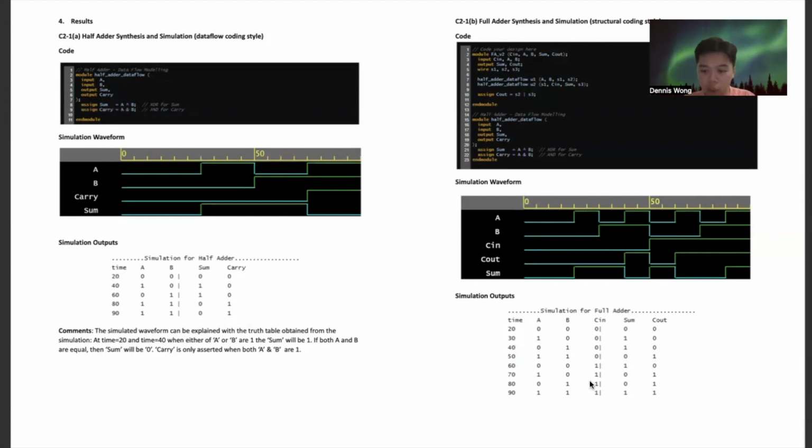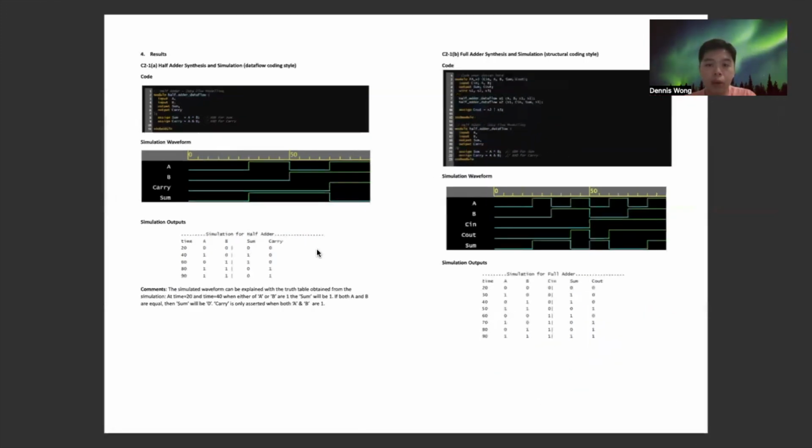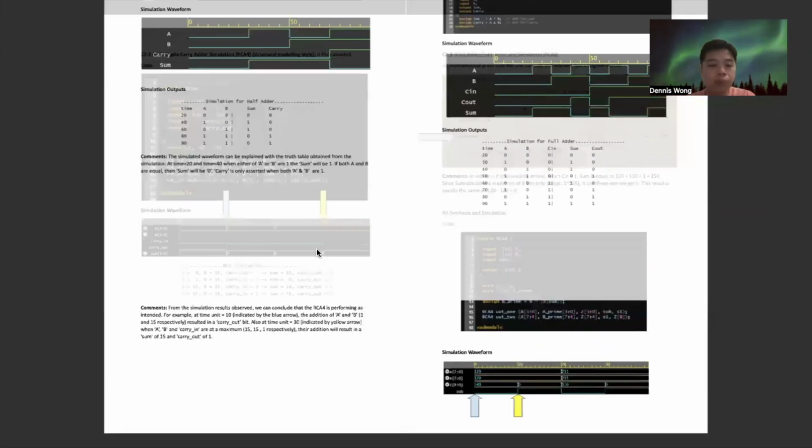When all of the input signals are one, in this case 1 + 1 + 1 equals 3, and 3 minus 2 is 1. So at the sum you get 1, and you get a 1 as a carry out. That's why the output is 1, 1. That concludes the full adder as well.